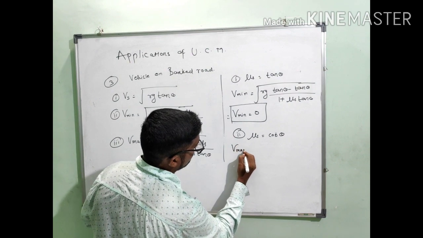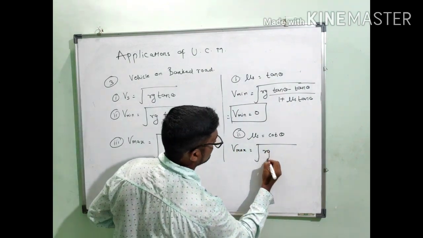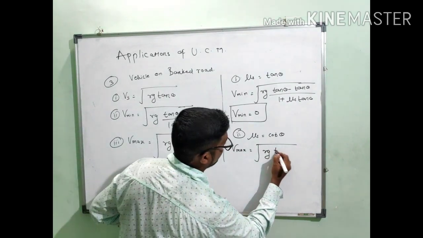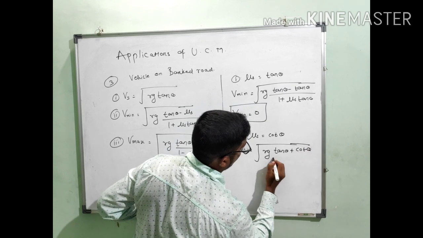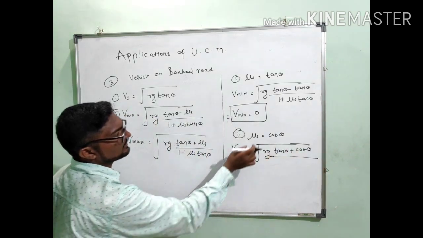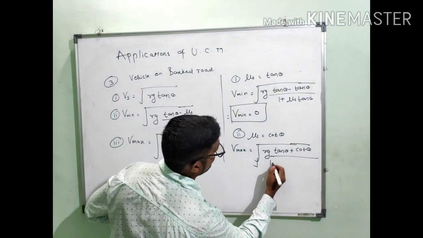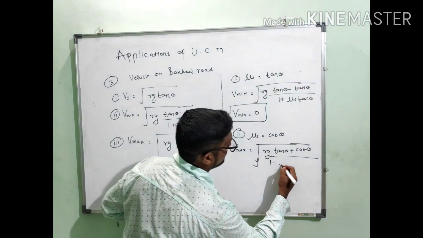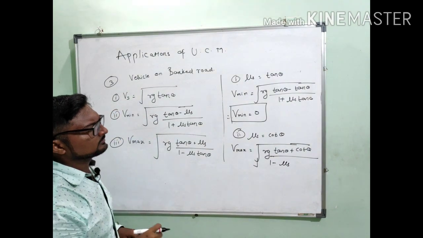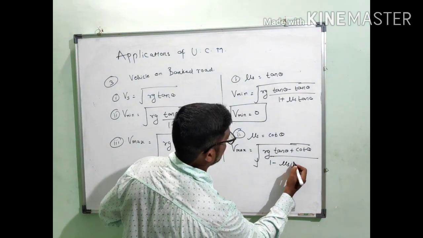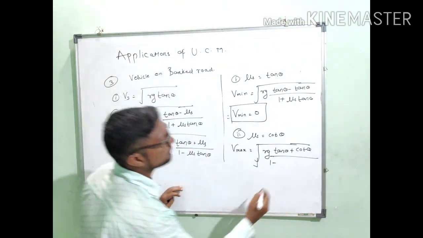V max is equal to under root Rg tan theta plus cot theta upon 1 minus mu s tan theta, where we have replaced mu s by cot theta.